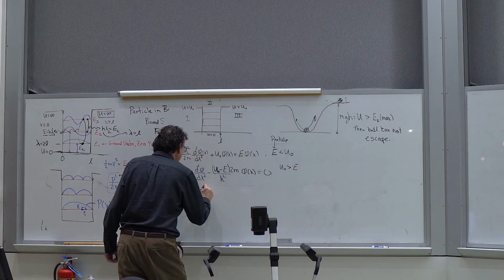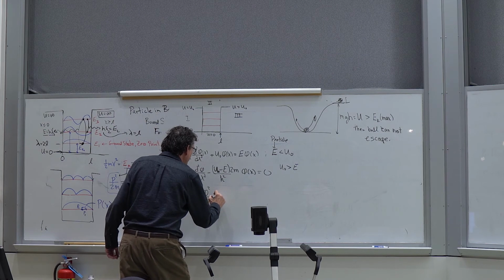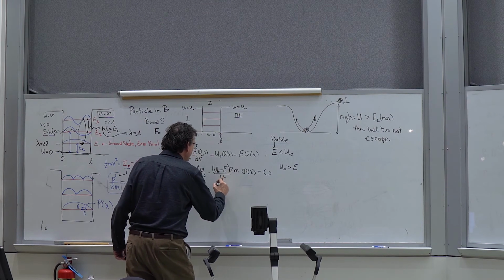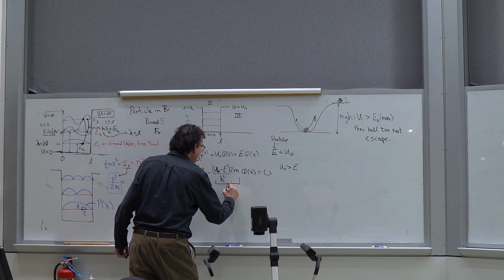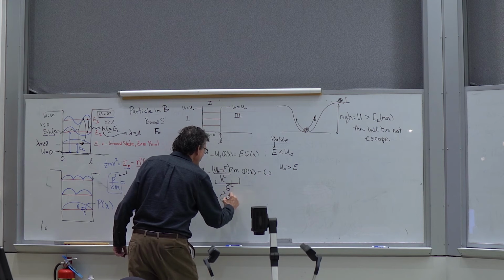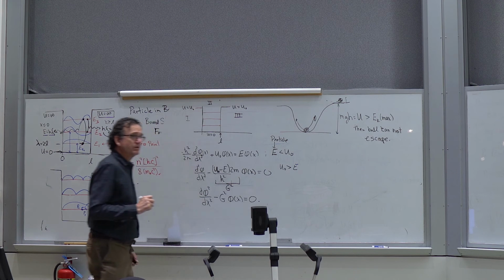So this has the form of a differential equation that we can write as d squared phi by dx squared minus, and we're going to call the coefficient of phi G squared. So this will be minus G squared times phi of x is equal to 0. Right?